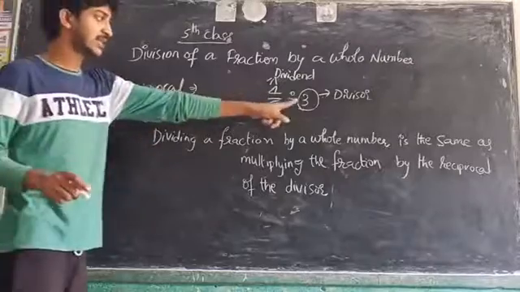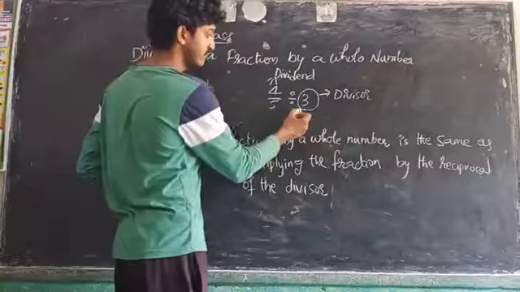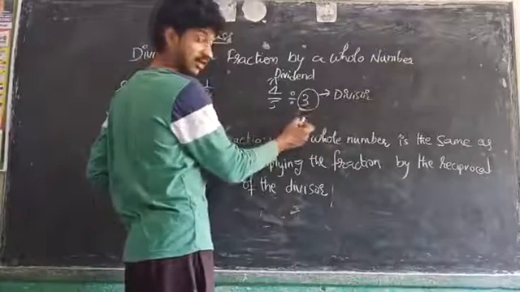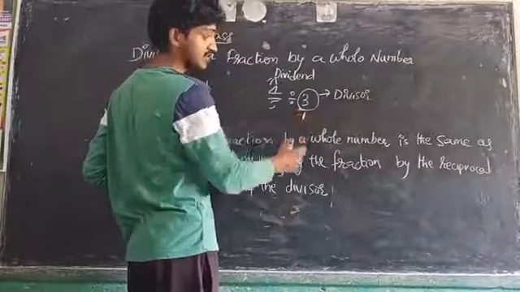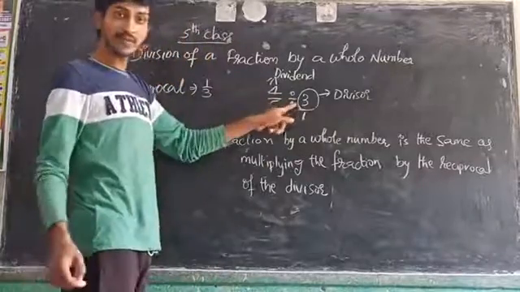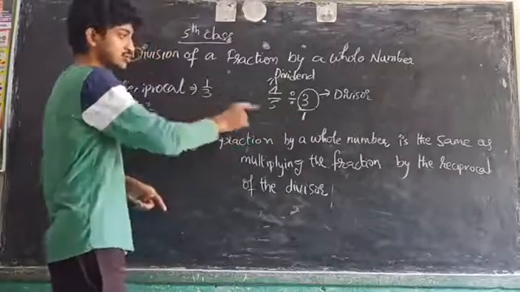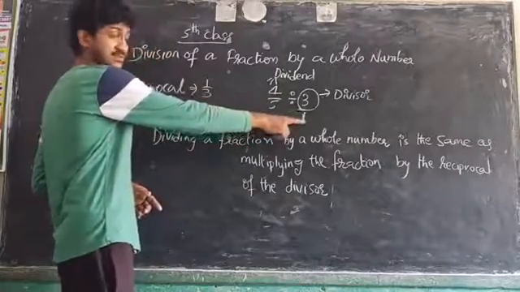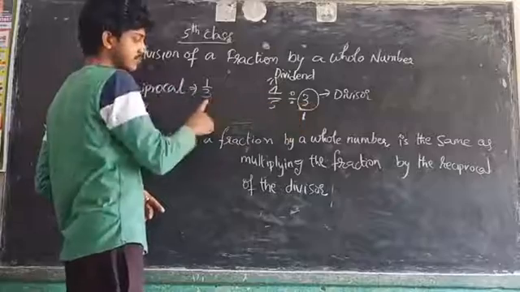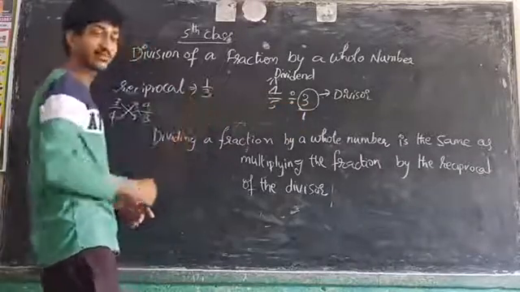Okay. So the reciprocal of 3 is 1 by 3. If there is nothing in the denominator, we can take it as 1 in the denominator. We can represent the whole number as 1 in the denominator. Okay, so it is reversed. 1 becomes the denominator... 3 becomes the denominator, so it becomes 1 by 3.